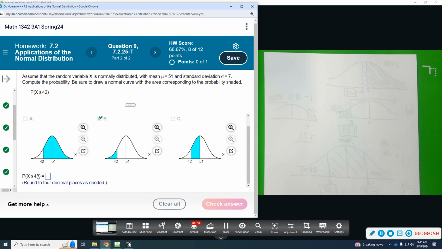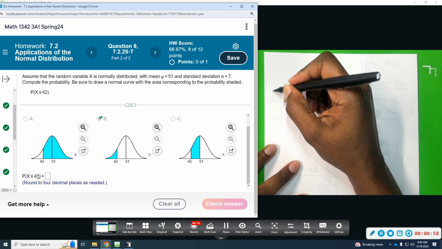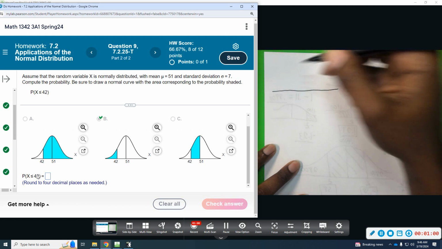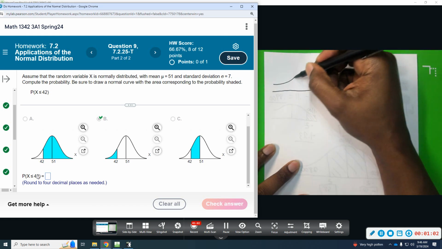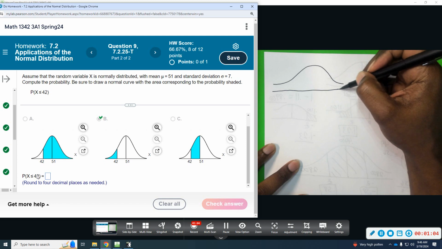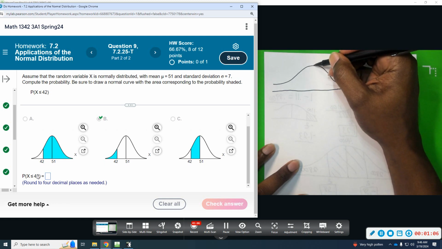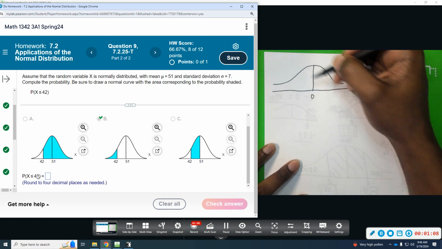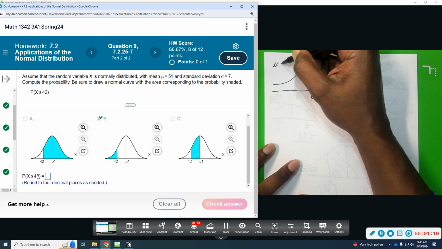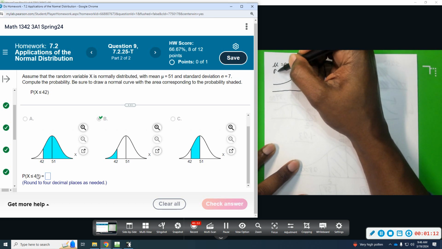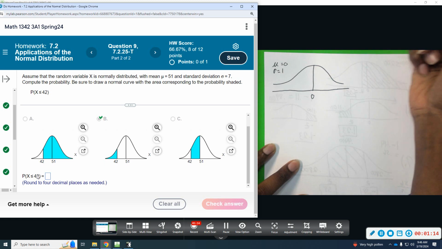So here's where that standard normal comes in. We can get StatCrunch to do it in both, but I want to show you what we've been doing. So we've been doing the standard normal. Standard normal would take the mean in the middle, 0. Standard deviation is 1. This is easy to count by ones.